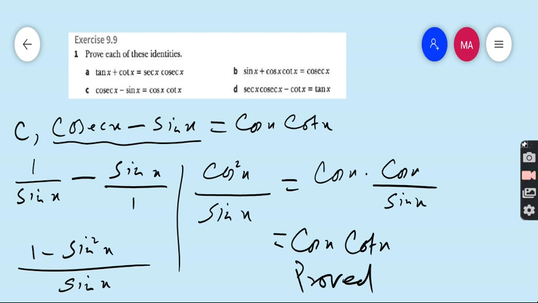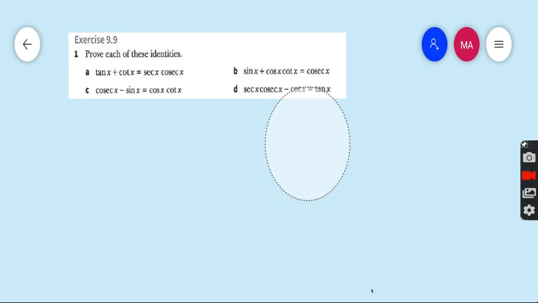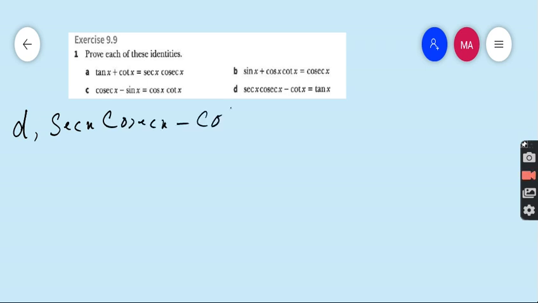Take part D. What is part D? Sec x cosec x minus cot x is equal to tan x.